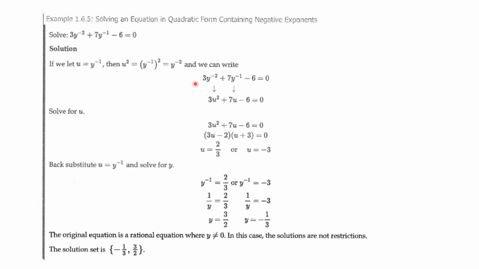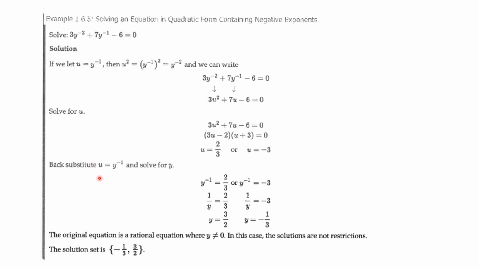So we can convert the original equation into 3u squared plus 7u minus 6 is equal to 0. And I can factor that into 3u minus 2 times u plus 3 equals 0. So u is equal to 2/3, or u is equal to minus 3.